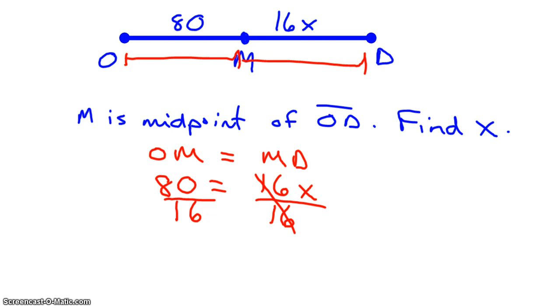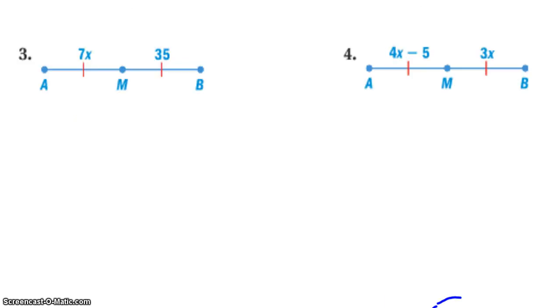And what do you get when you do that? 5. She says 5. Who agrees? 5. Very good. And you can check that out by plugging it back in, right? You can plug it in here, and 16 times 5 equals 80. It's true. Okay? So go ahead and find x in question 3 and question 4.